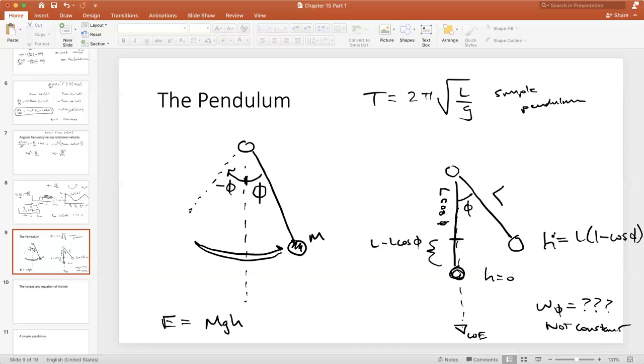I should really make this big H. And then the energy at any other time is mv squared over 2 plus mg, whatever little h happens to be. So if you knew where it was at, like half h, you could figure out what v was. And if you knew v, you can figure out that omega, because omega is v over r, where r is out. I'm not going to get into that.